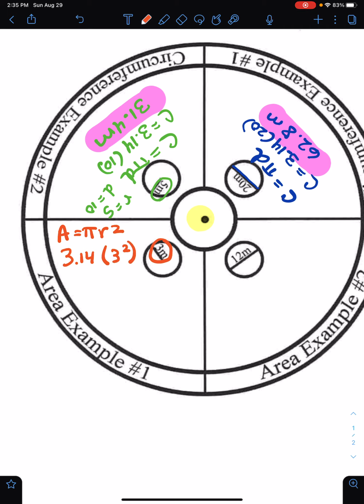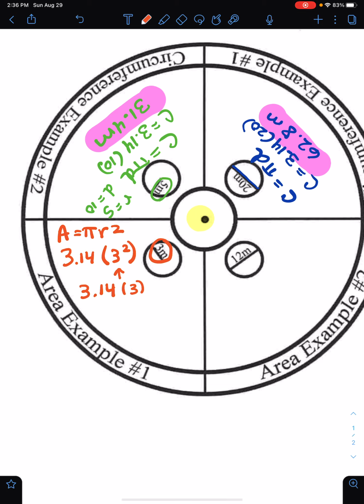This is very important. If you're using a calculator and you type in 3.14 times 3 and then hit the squared button, it won't square the 3, it will square the product of 3.14 and 3, and you will get it wrong. So you either need to do order of operations, exponents before multiplying, and you're going to get 9 because 3 squared is 9, so you would do 3.14 times 9.